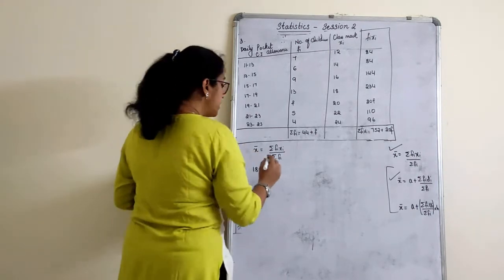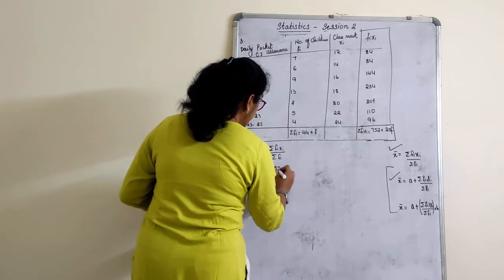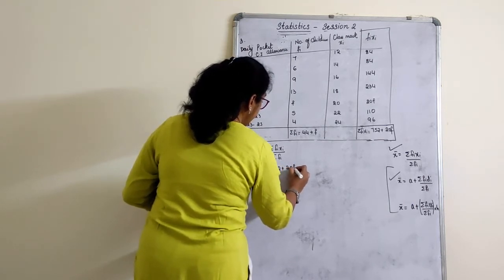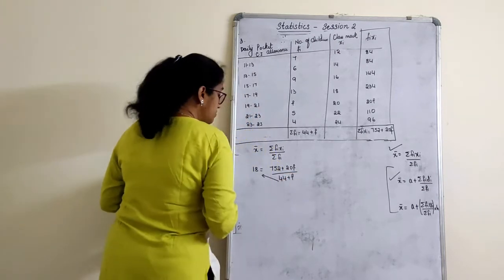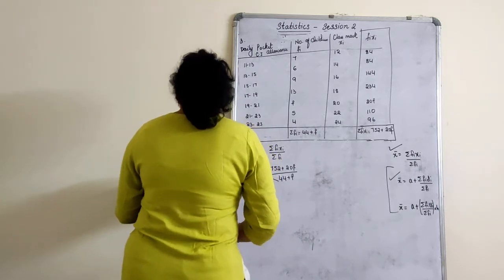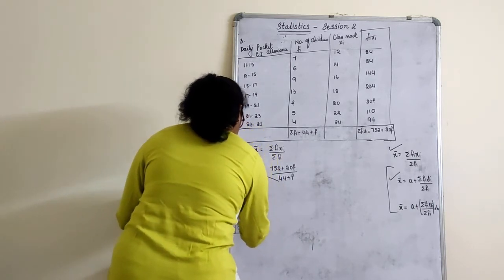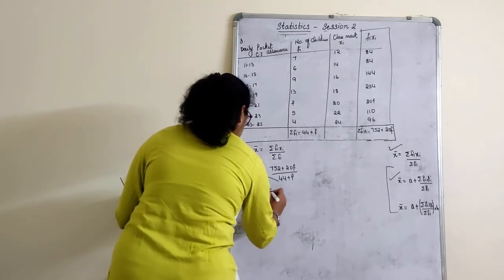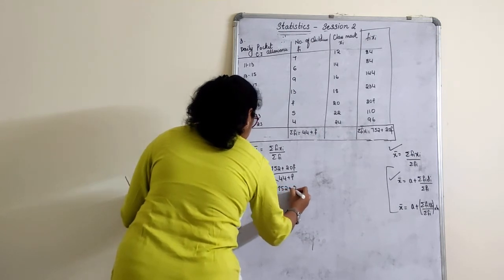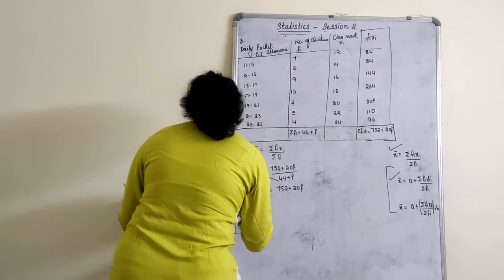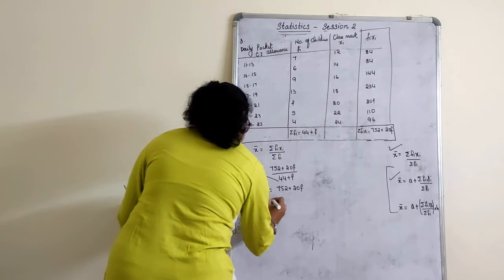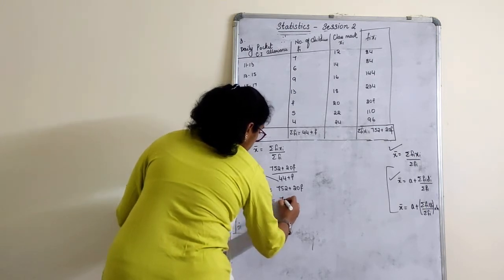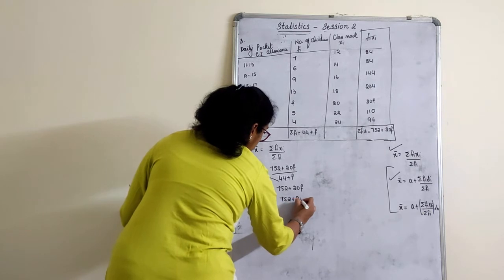That is equal to 752 plus 20F divided by 44 plus F. Cross multiply with this. So 18 of 44 plus F is equal to 752 plus 20F. 18 into 44 you get 792 plus 18F is equal to 752 plus 20F.